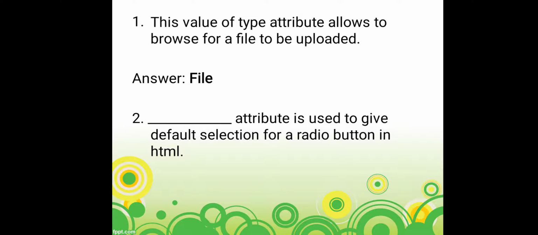Input type, value, button. So this is also wrong. The correct answer was checked, right? You have to write input type equal to radio checked, and you will get that radio button selected by default, right? So let us move to the next slide.